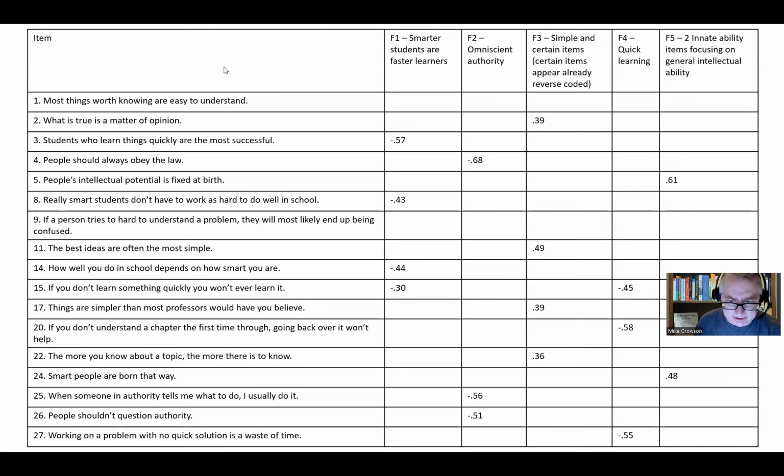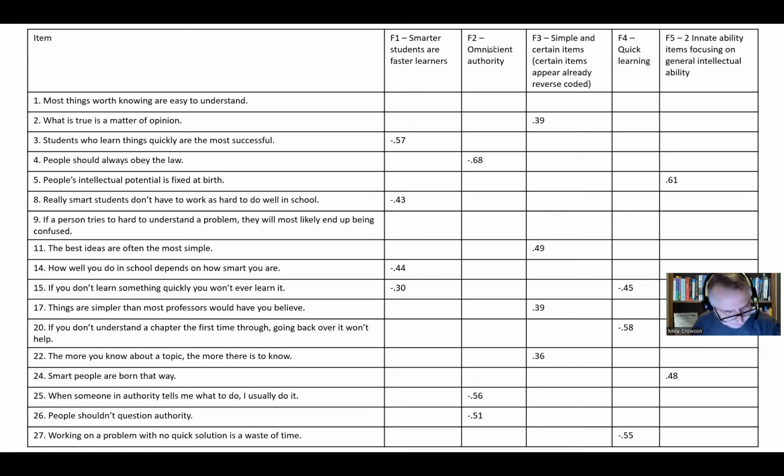Looking at this, in column 1, the items that fell onto factor 1 appeared to reflect a blend of the innate ability and speed of learning factors, or quick learning factors. They really seem to suggest a belief that smarter students are going to be faster learners. Then we have factor 2, the belief in omniscient authority.